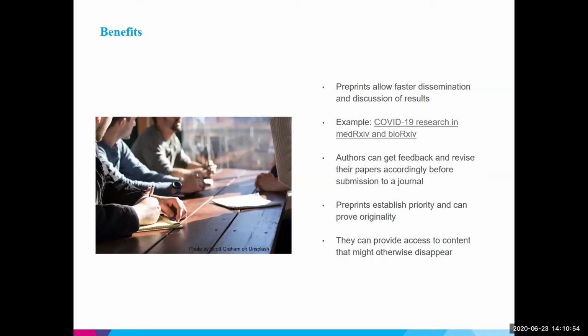In addition, they can provide access to content that might otherwise disappear. So there are several instances where research just doesn't get published because of some sort of circumstance. So for example, if you have a graduate student who leaves a lab before a paper is done and they haven't put their final touches on it, you may not be able to publish that work, but that doesn't mean that the results from that work aren't important and don't provide value to that particular research community.